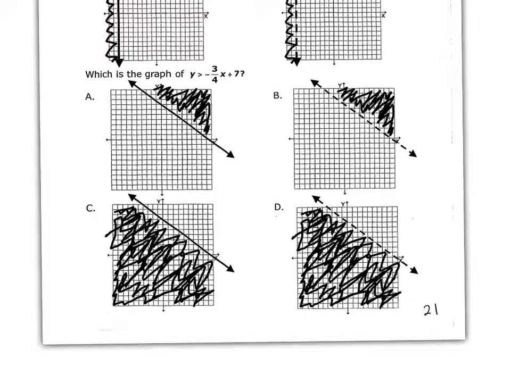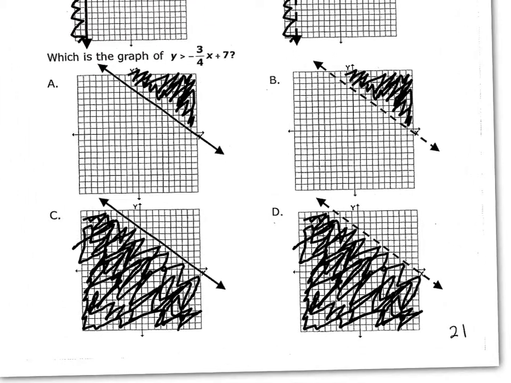Let's try this one. You know that you have a y-intercept of 7, and it looks like all of these do. Then your inequality shows us that it should be dashed, so we automatically know that C and A are out. Then we need to decide which one should be shaded.